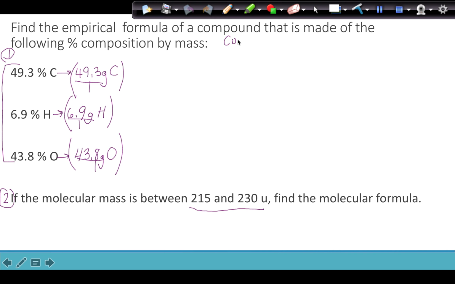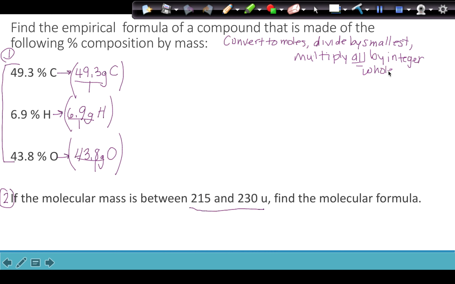So we're going to convert to moles, divide by the smallest result, and then if we need to, try that again, and then if we need to, multiply all the results by an integer to get whole numbers. These are our steps every time we start with percents.